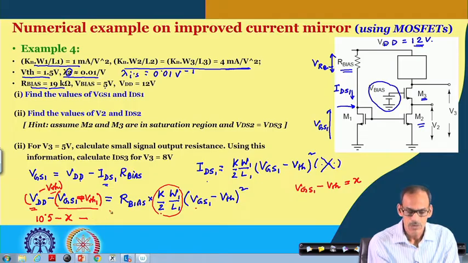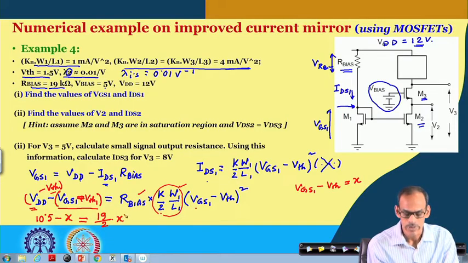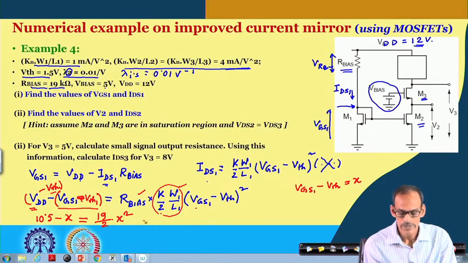Also we have kilo ohms here and this is in milliampere, so that gets cancelled. So, we have 19 by 2 into x square. So, we can rearrange this equation.